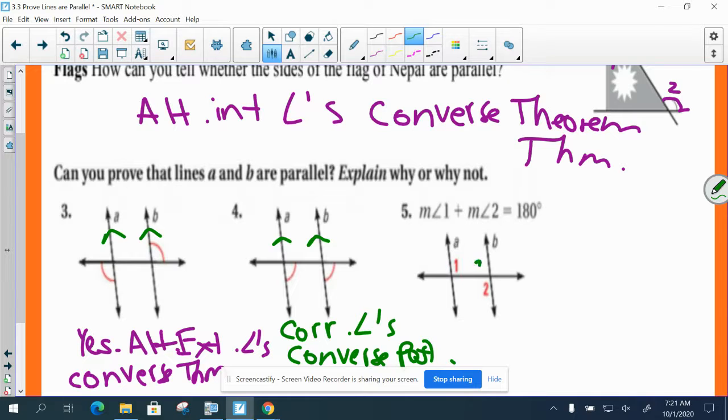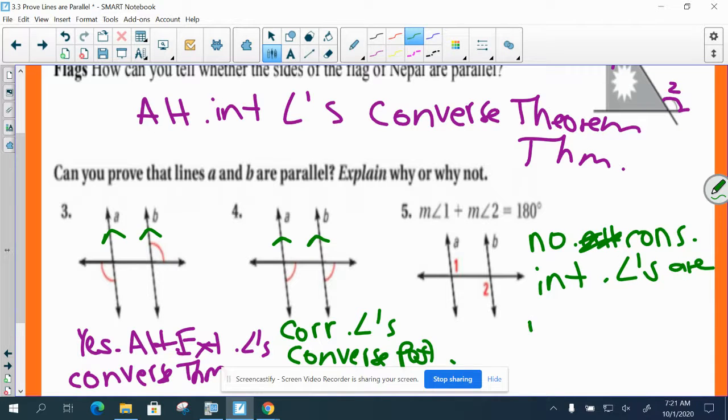So, for example, if 2 is right here, then we could say yes, but right now we can't. So this would be no, because the consecutive interior angles are not supplementary.